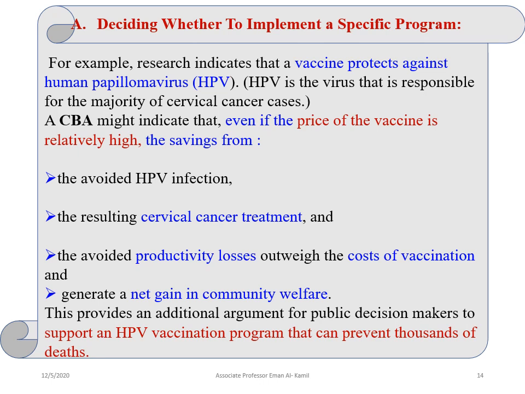Also generate a net gain in community welfare، بالإضافة إلى الفائدة الكلية في المجتمع، بصحة المجتمع لما تكون المرأة healthy and she will have a healthy life and healthy family and we keep the life of the women.